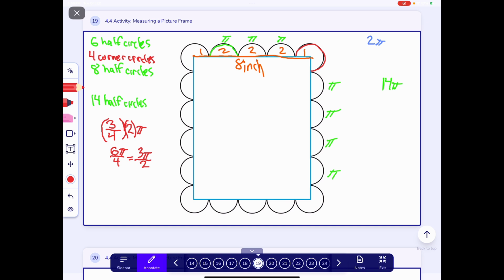So each of the corners is 3 pi over 2, and we have 4 corners.